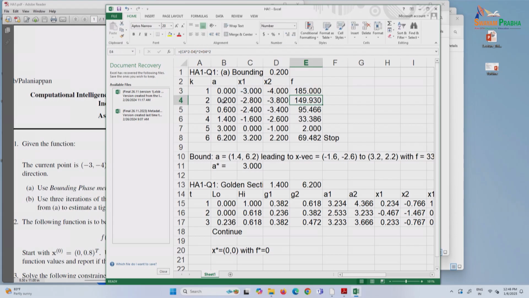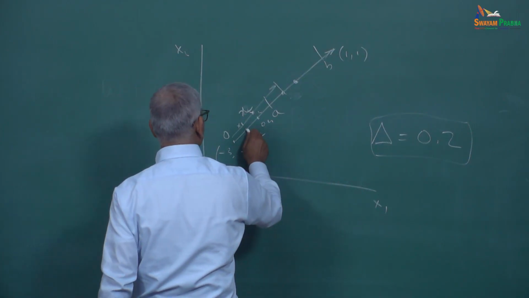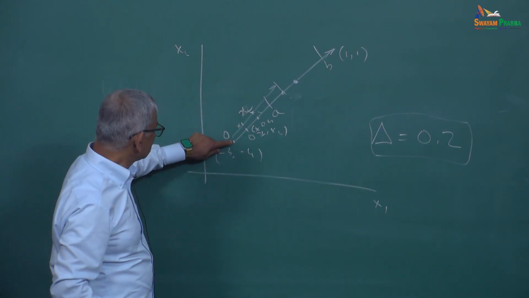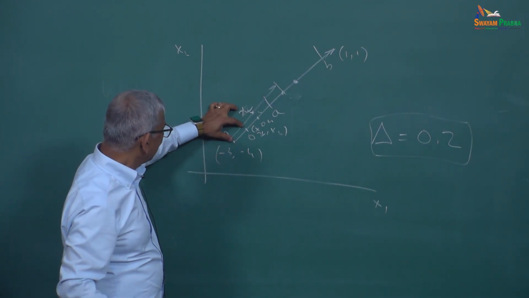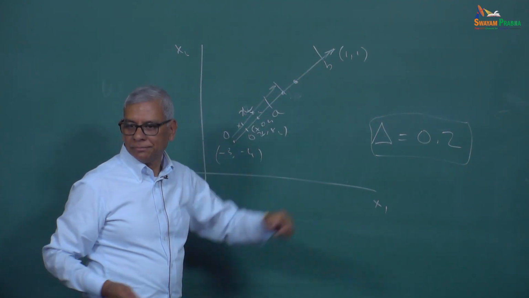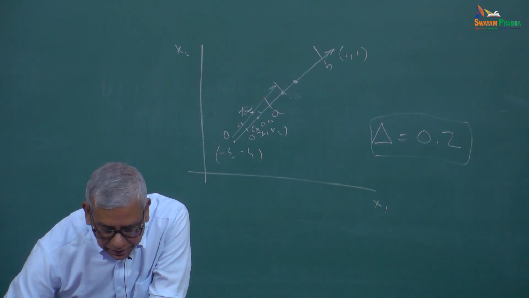Then move to x equal to 0.2, delta distance away. How do you find the corresponding x1, x2 value? You take the starting point plus x times (1, 1).